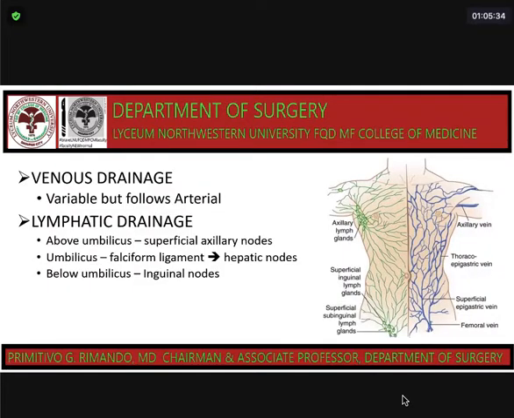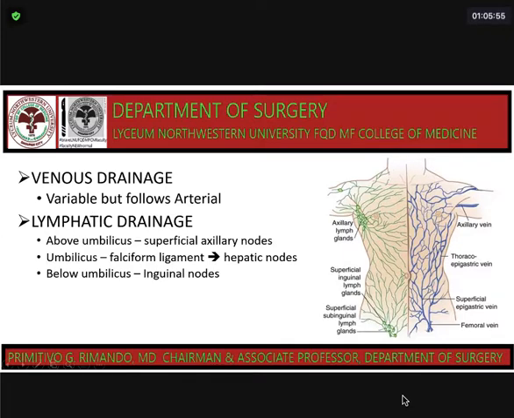The venous drainage is, of course, variable, but it still follows your arterial supply. If we say superior epigastric artery, then it has its partner superior epigastric vein. That is just what it means.